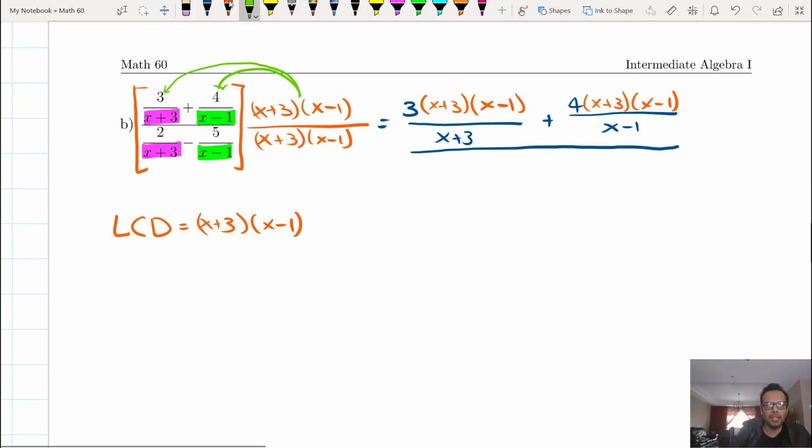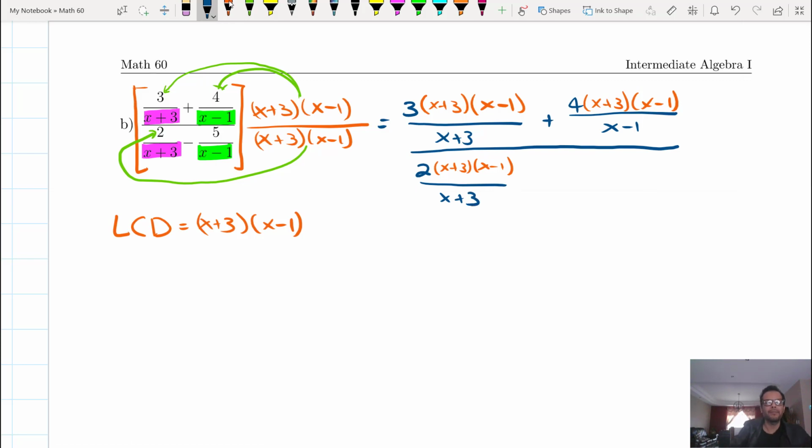Now let's do the same. Distribute with the first term in the denominator. So that's going to be 2 times x plus 3 times x minus 1. Let's divide that by the quantity x plus 3, and then do the operation implied.